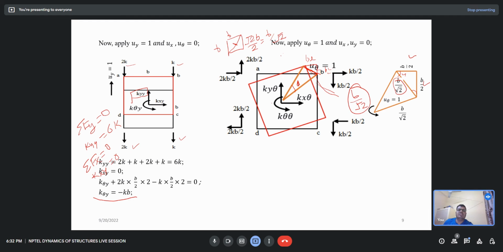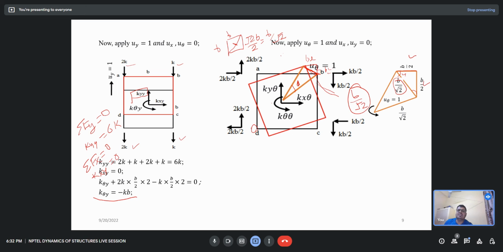Okay, so now if this is b by 2, so the force for this column, the stiffness is k, so the force resisting would be k into b by 2, or for this the spring stiffness is 2k, so that will be 2k b by 2 and 2k b by 2.